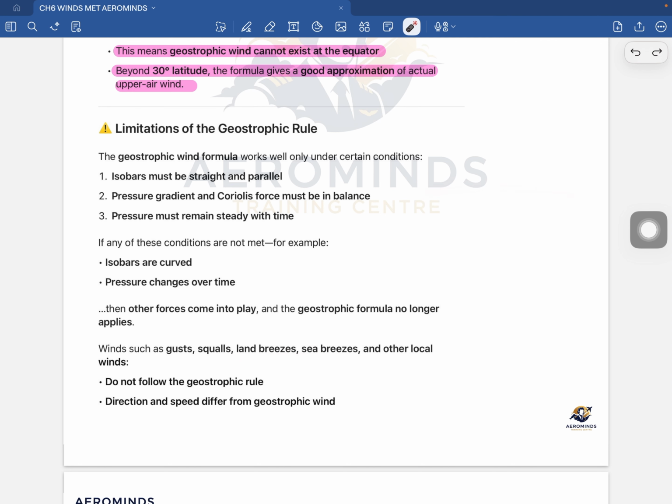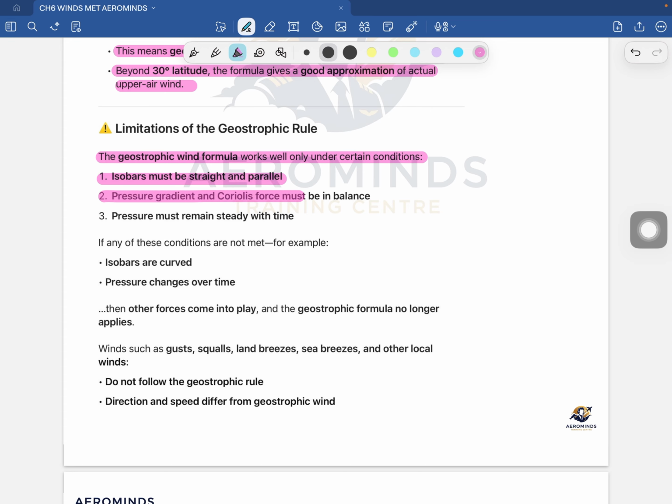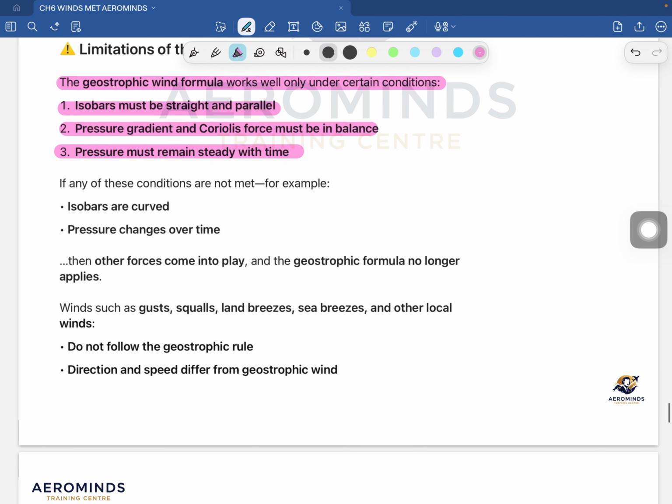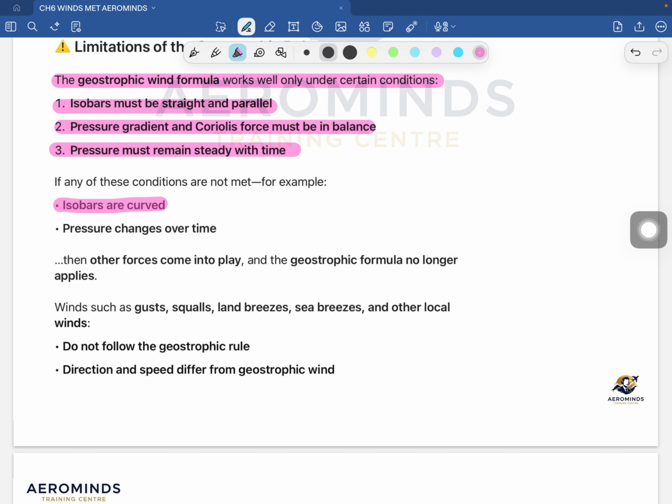Okay, so remember this, the geostrophic wind formula works well only under certain conditions, and these conditions are: the isobars must be straight and parallel, the pressure gradient and Coriolis force must be in balance, the pressure must remain steady with time, and if any of the conditions are not met, for example, isobars are basically curved, and pressure changes over time, then other forces come into play and the geostrophic formula is no longer applied.